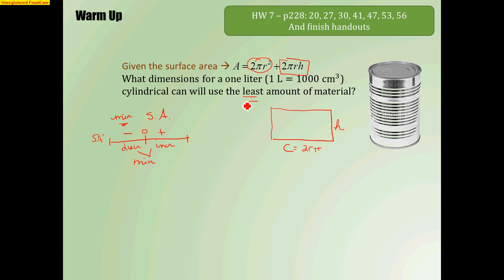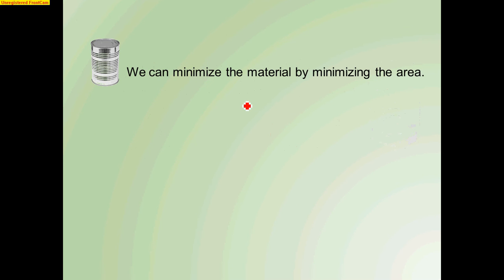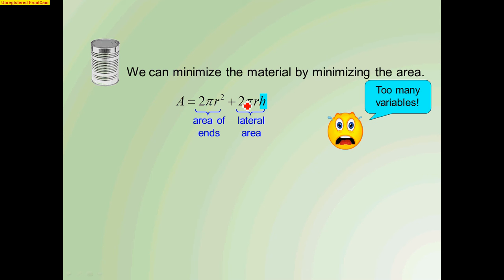So now how do I go about setting that up? This is what I just talked through. They call it the lateral area, like the outside area of the can. But notice there's too many variables here. So one of my strategies before has always been, I need an area. Now this is really SA, the surface area.